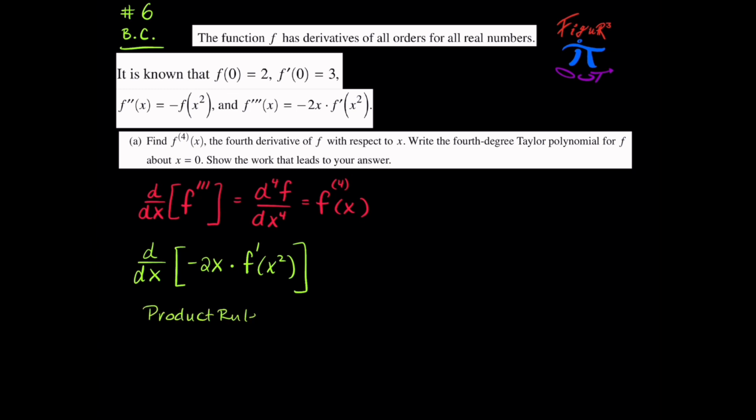So there's a product of negative 2x and f prime of x squared. By applying the product rule, we get negative 2 times f prime of x squared, and that's going to be added to negative 2x times the derivative of f prime of x squared, which is f double prime of x squared multiplied by 2x.